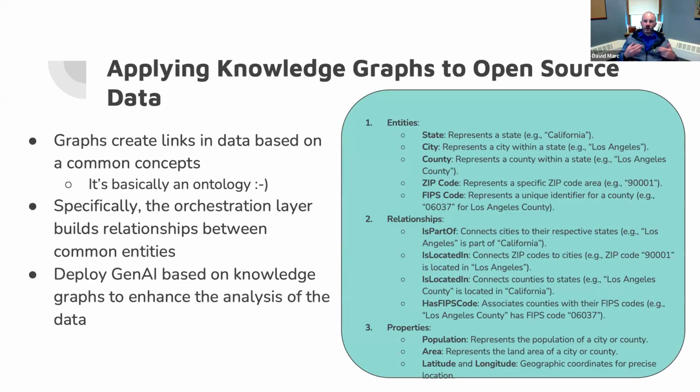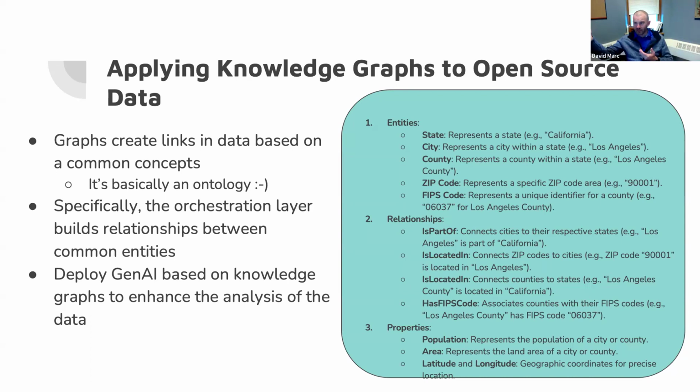Other examples of how you can apply knowledge graphs in open source data is it can create connections between data that otherwise wouldn't have any connections, or that would be really difficult to create connections for in the traditional sense of the data that could be published in relational databases. So think about entities, just something as simple as place. You might have state represented as, let's say, California.